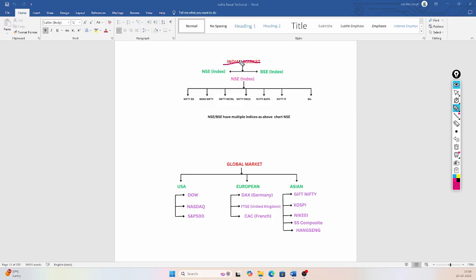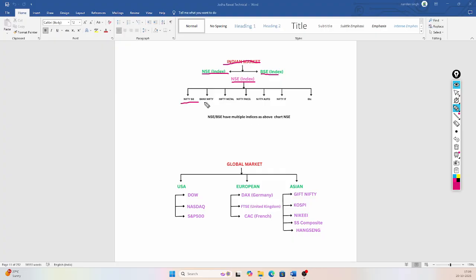Now, the Indian market has two exchanges, NSE and BSE, and they have multiple indices.